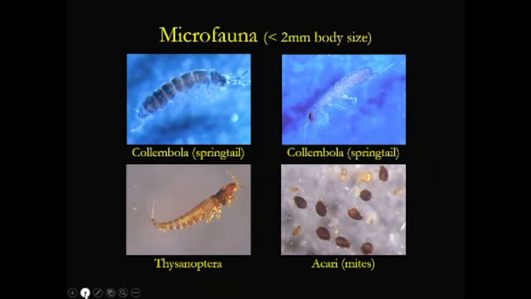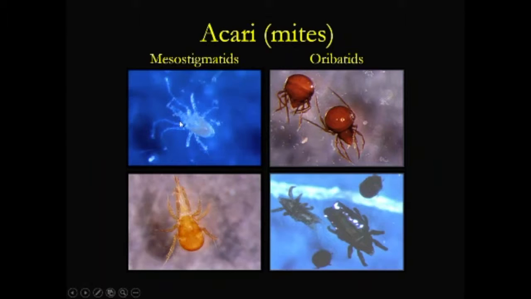There are different groups of mites. Within this group of animals, we have predators, and animals that can directly feed on microbes, and these groups, the mesostigmatics and the oribatids, are the most dominant in our system.